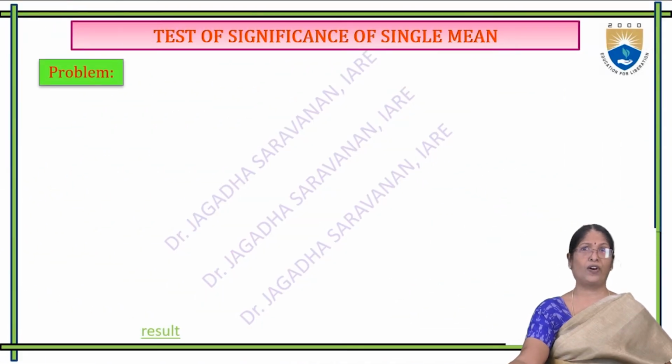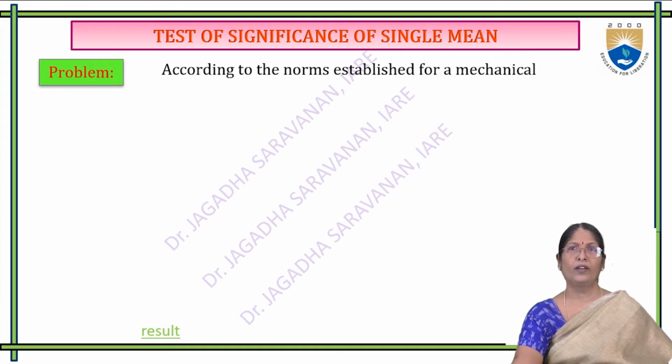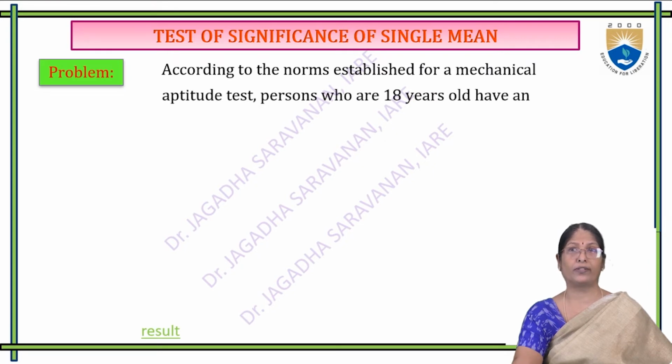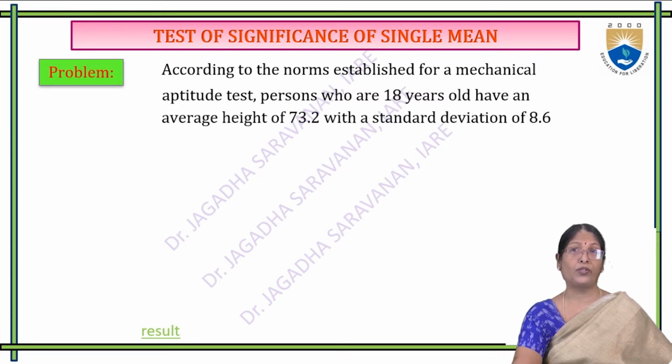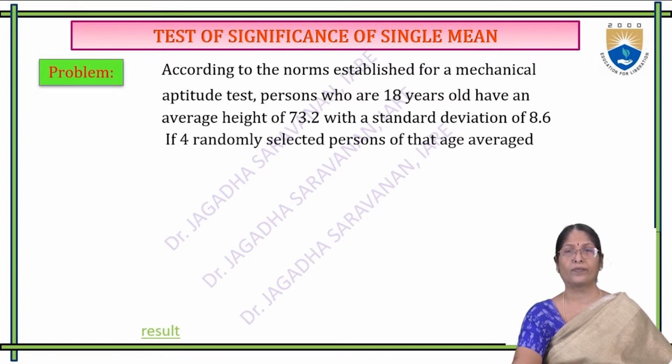Yes, this is the first problem. According to the norms established for a mechanical aptitude test, persons who are 18 years old have an average height of 73.2 with a standard deviation of 8.6.